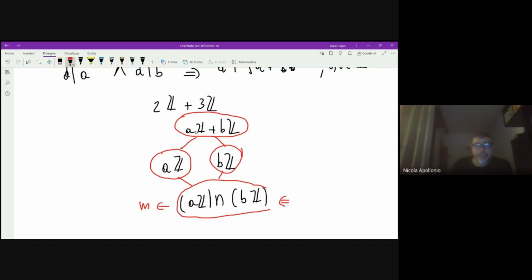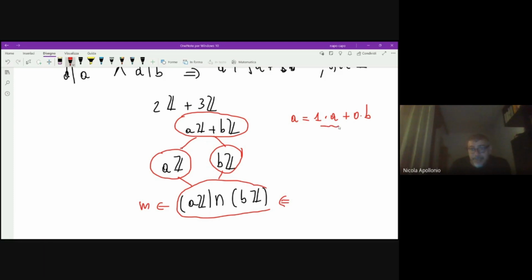Yes, because it is true that AZ, the set of multiples of A, is a subset of the set of linear combinations of A and B. Of course, because A can always be written as 1 times A plus 0 times B.